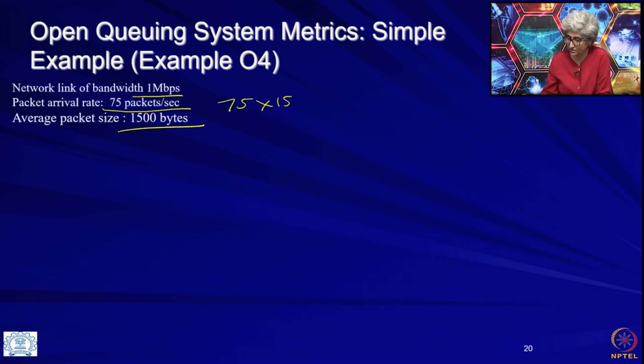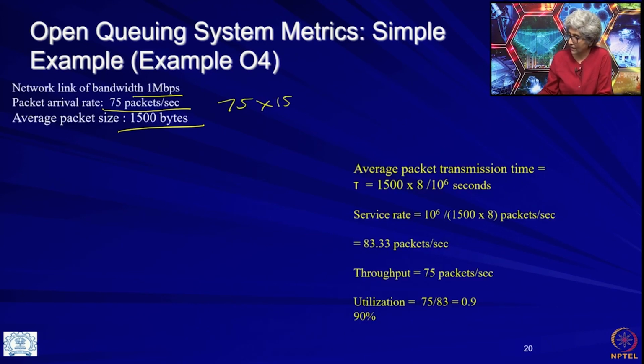or what we can do instead of this, is we can actually calculate the average packet transmission time. Okay, we can first calculate the service rate in terms of packets per second. So, what I am doing here is first I am calculating the average packet transmission time, which is going to be the size in bits divided by this bandwidth in bits, right. 1 Mbps is 10 to the 6 bits per second.